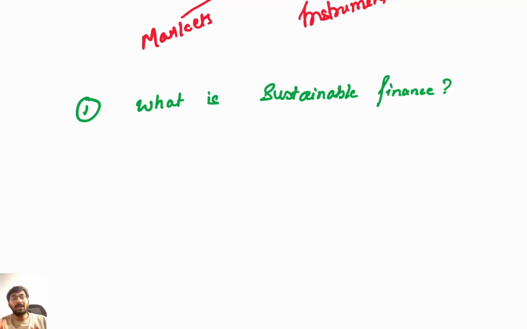Clear? So what's my responsibility when I say sustainable finance? I finance you for the products or services which are sustainable. Clear? And I take into account environmental, social and governance factors.